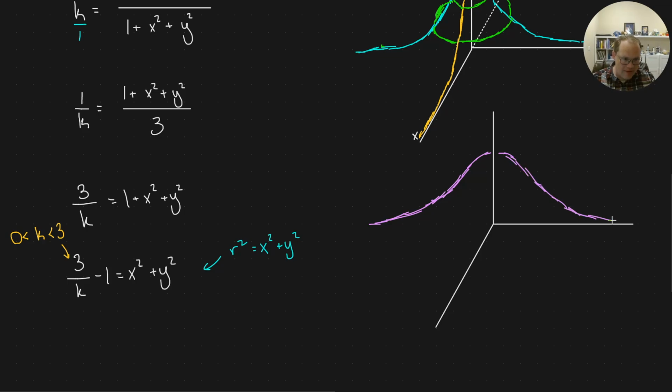And so we just kind of have this mound, with the tip of the mound along the z-axis, and it just gets bigger as we go down.